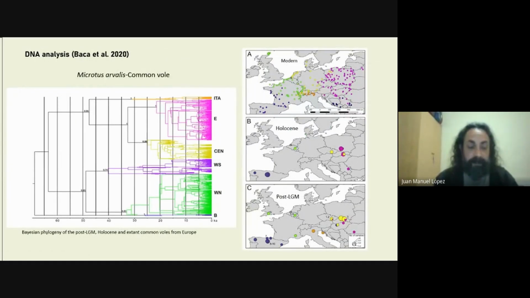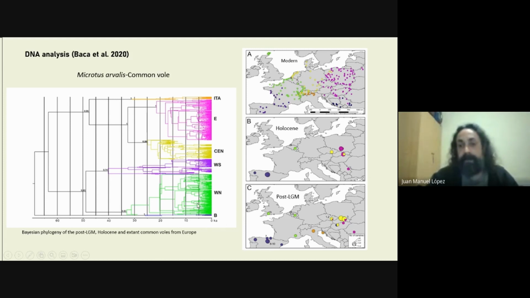Okay. Also with small mammals, we can do DNA analysis. This is an example that we published in 2020, also with the common vole, with the phylogeny of this vole from after the last glacial maximum to the Holocene. These colors are Italian, Central Europe, Western Southern, Western Northern, and Balkans.